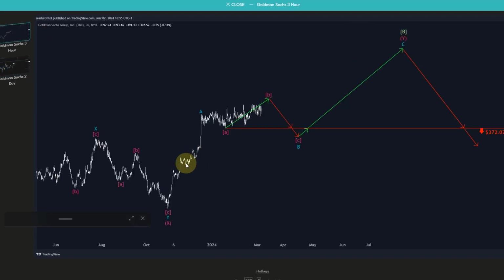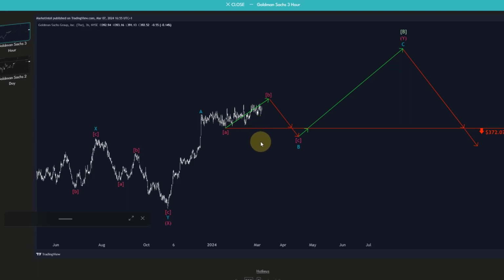So in this Y wave, we're also looking at an A, B, C structure. That's what we're tracking. Seems like off this Y wave, off this ABC structure, we're now moving in the B wave. There is some support at $372.07. That might briefly be broken, maybe not, but the idea is that this is a correction in a correction.